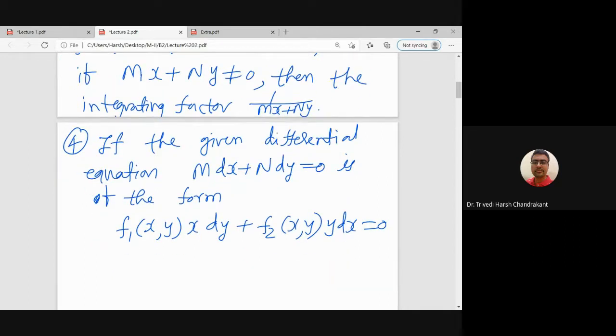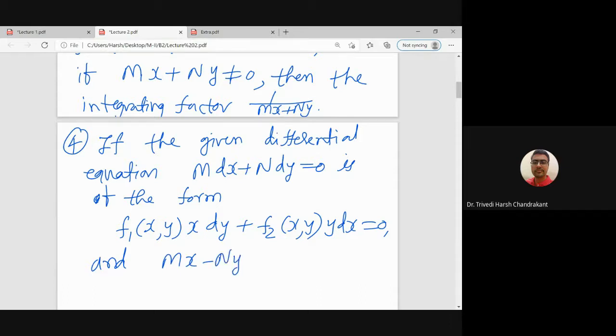What do we mean by this? This means from M we can take y common, and from N we can take x common. Then in this case we get the quantity, but instead of addition we take subtraction.